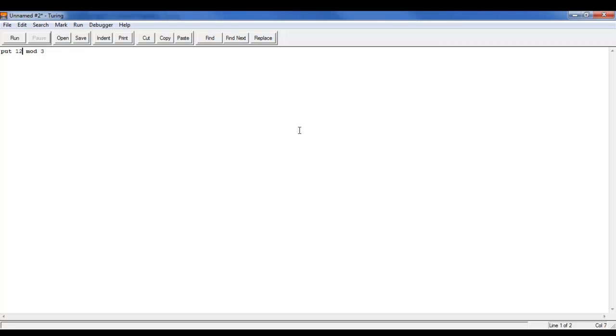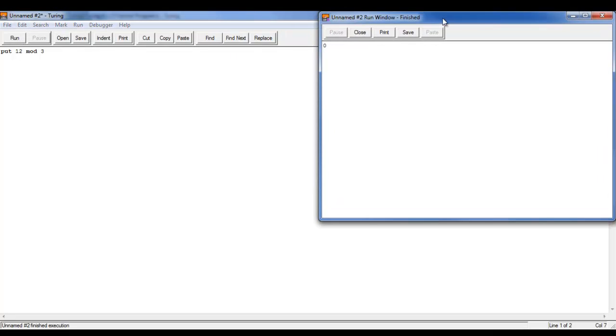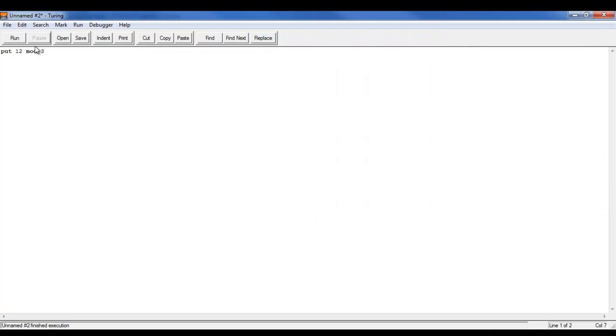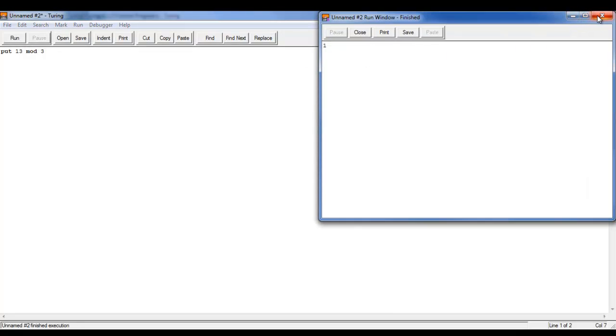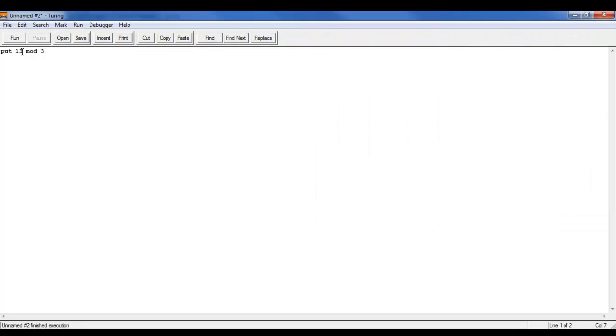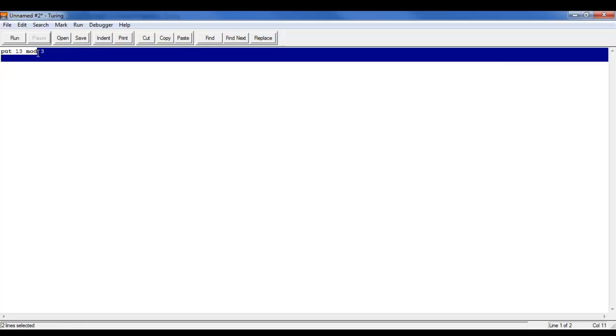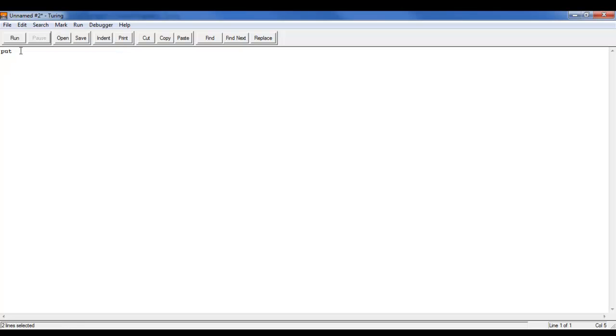If I do 12, there will be no remainder because 12 divided by 3 is 4. If I do 13, then it will be 1, because 4 times 3 is 12, remainder 1. These are all really good functions, and I'm pretty sure you can find something to do with them.